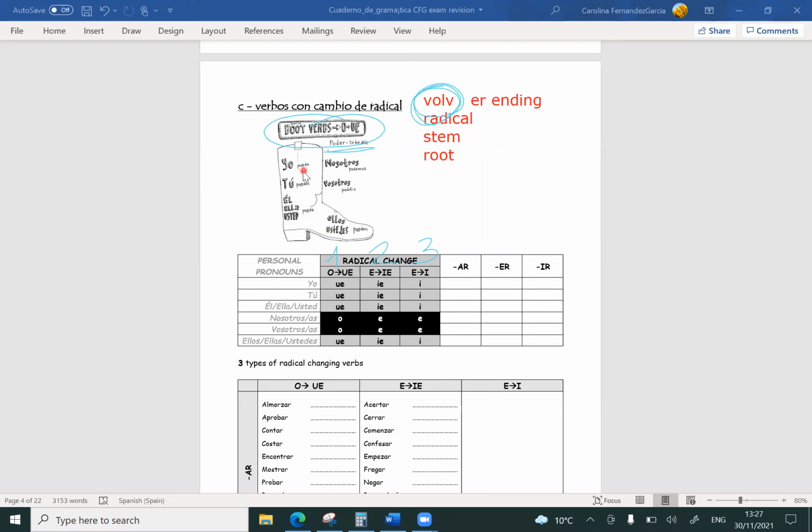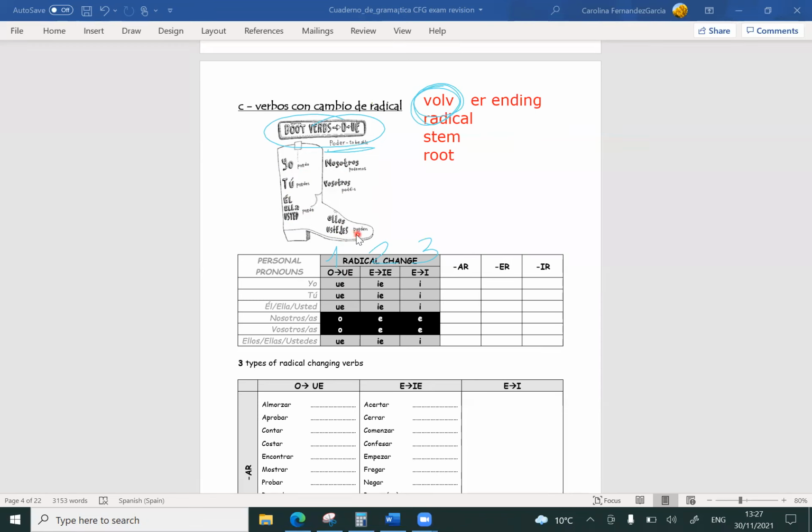So yo puedo, I change it to pued, and I add the O for me. Tú puedes, él o ella, usted puede. We can. We don't need to change the O to UE, it stays the same. You all can. We don't need to change it, it stays the same. They can. Ustedes, you polite.